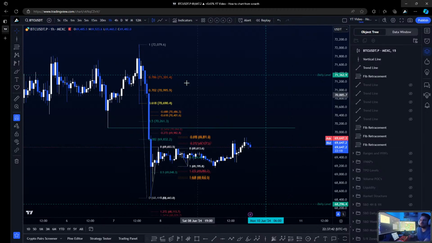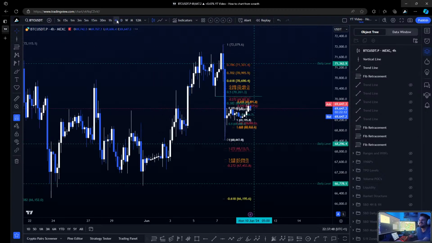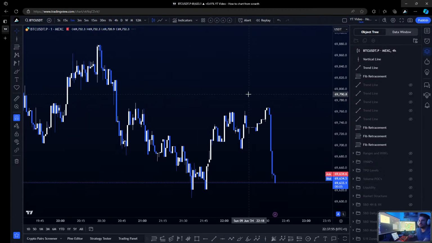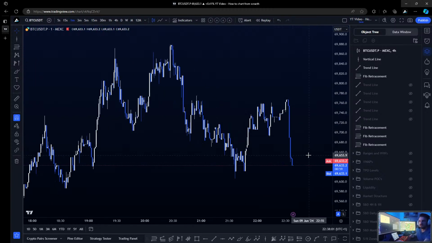For example, right now on the daily, this is nothing. It's just a candle. Actually, it's just Fibonacci's. We can see the candles. But when I mean like daily, 4 hour, this is nothing, right? Means absolutely nothing. If I go to the 1 minute, like, oh my god, we have been pumping so hard, right? And now we are obviously shifting structure.